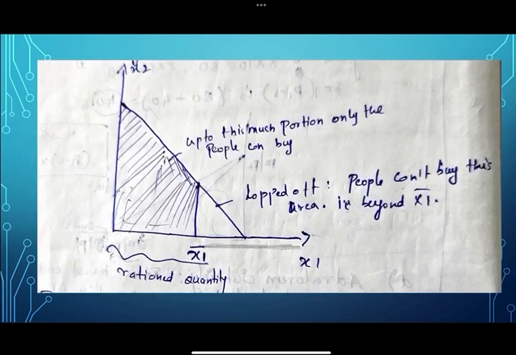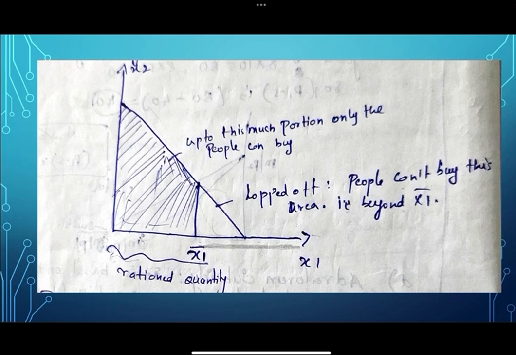See, this is the diagram for rationed quantity. The x1 good is the rationed good, and x2 is some other good. Here the consumer can purchase only up to the x1 bar, not beyond that.